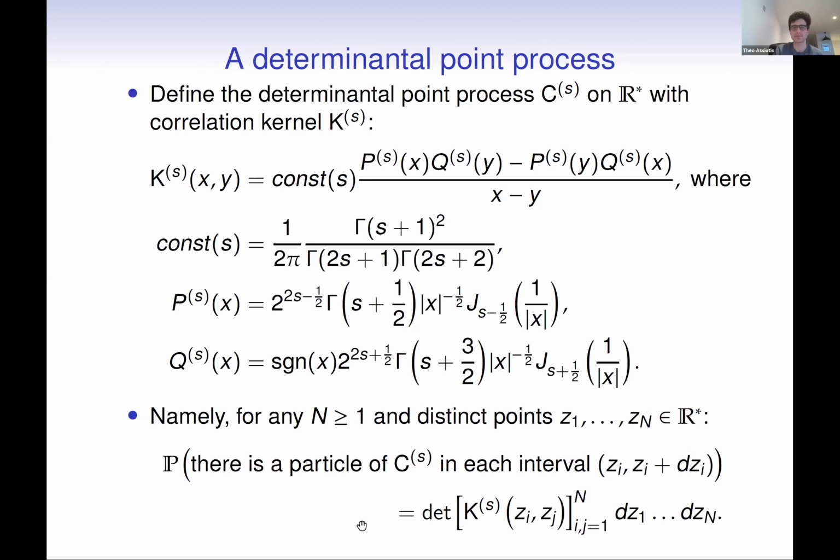You have distinct points, and you have particles in some infinitesimal intervals around these points. You can write this probability as a determinant of this thing here, so all the information is given in terms of this kernel.